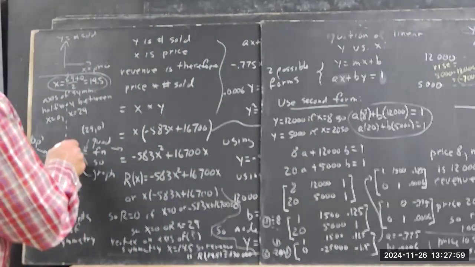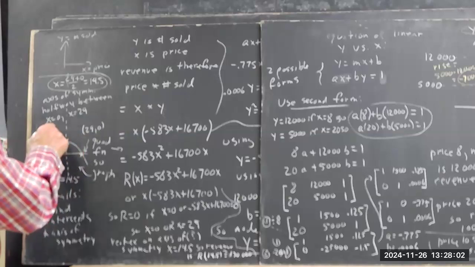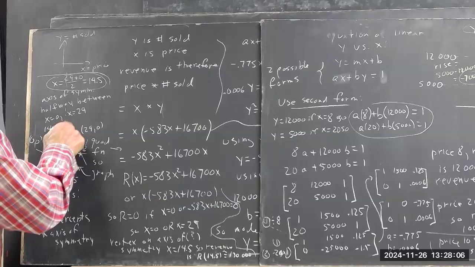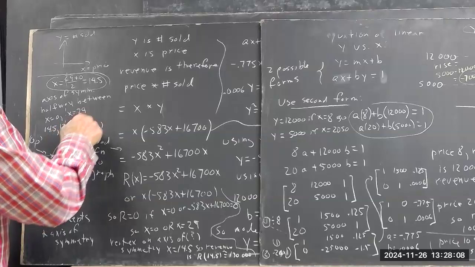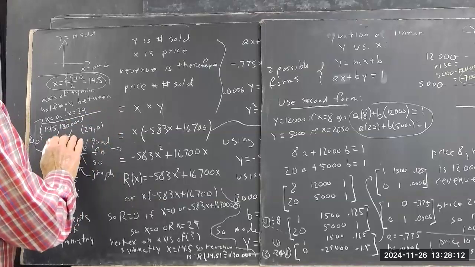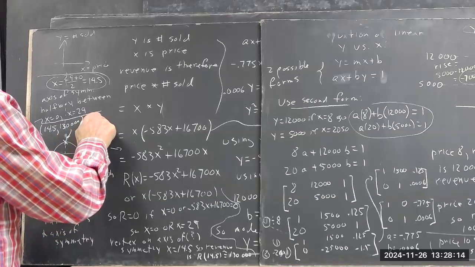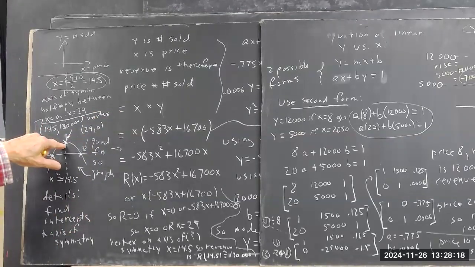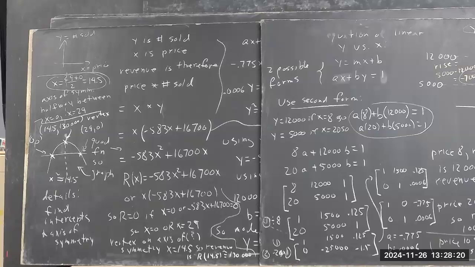So this point here should be about 14.5, and 130,000. That's the vertex. The vertex maximizes my profit.